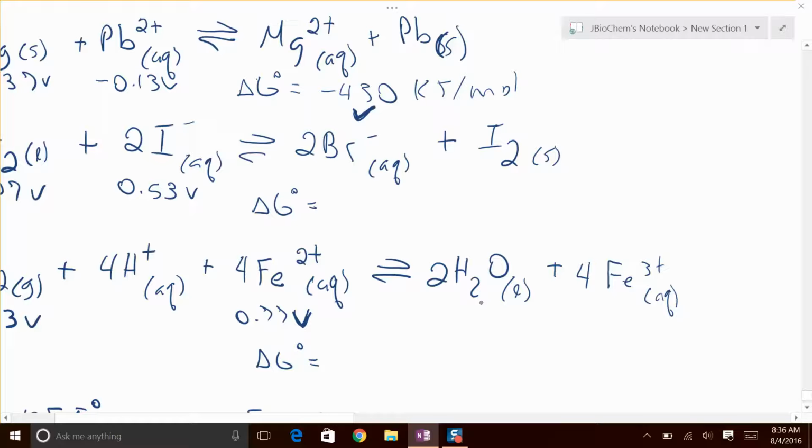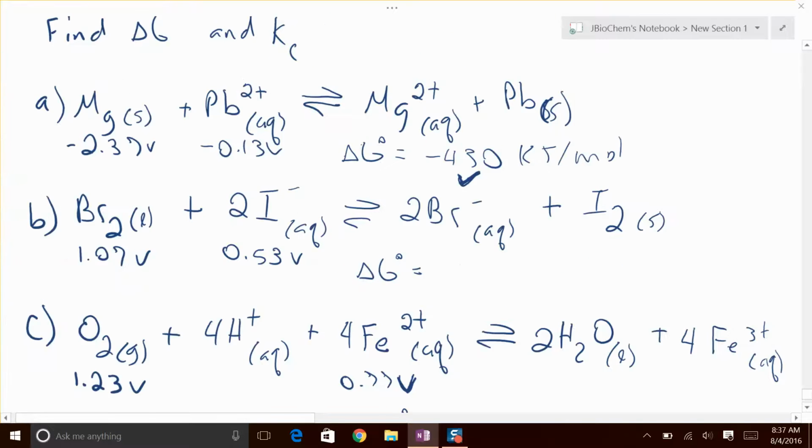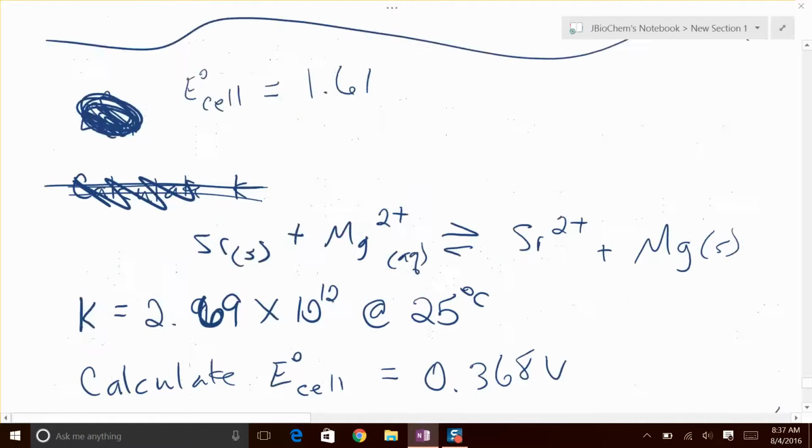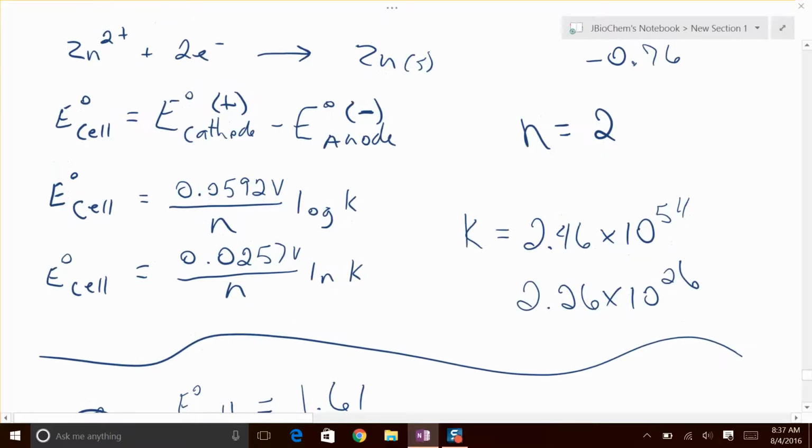So you're using this equation up here, right? You're taking the E naught of the cell that you calculated, which gave the 430 kilojoules per mole, 2.25. And what are the number of moles that you're using? 2. So you're using 2 moles, and you're dividing.